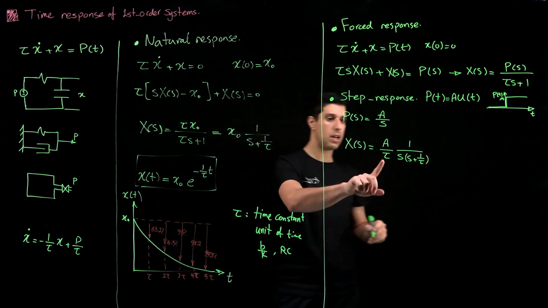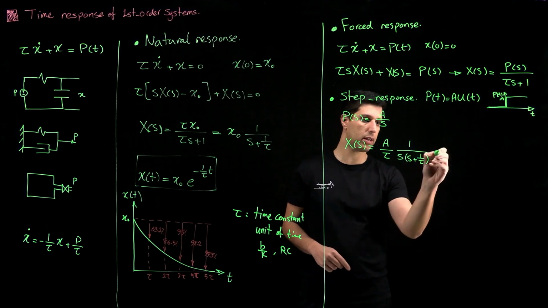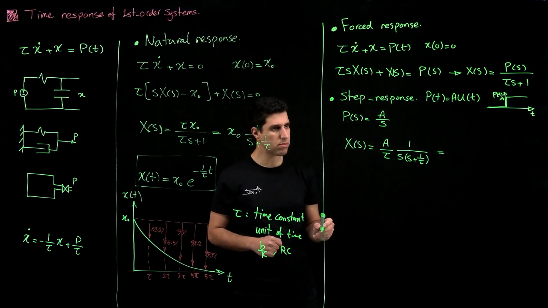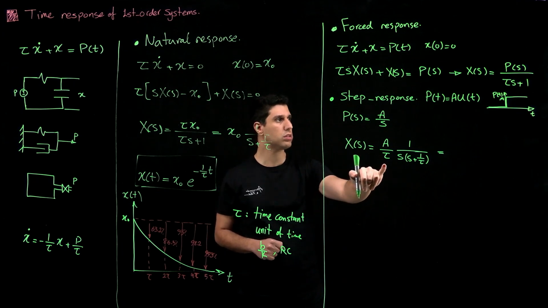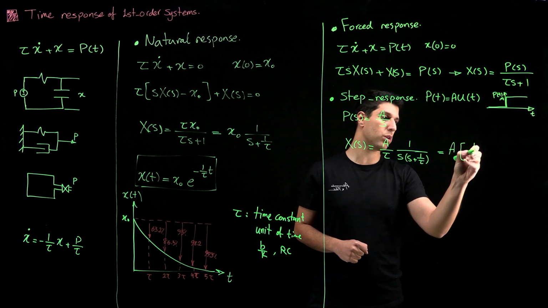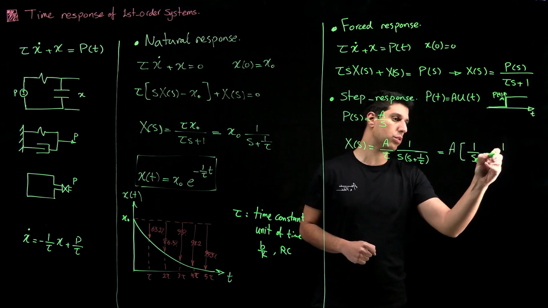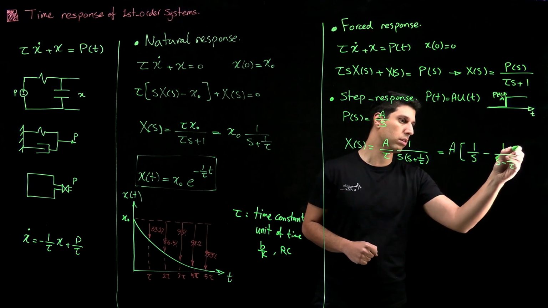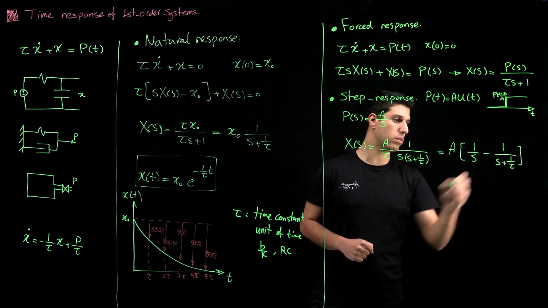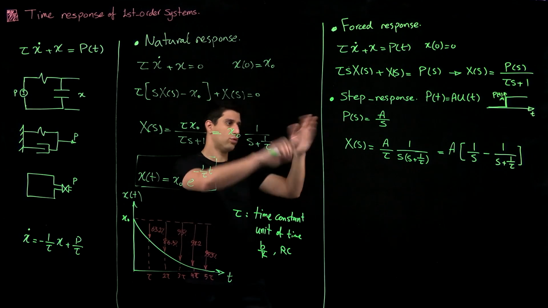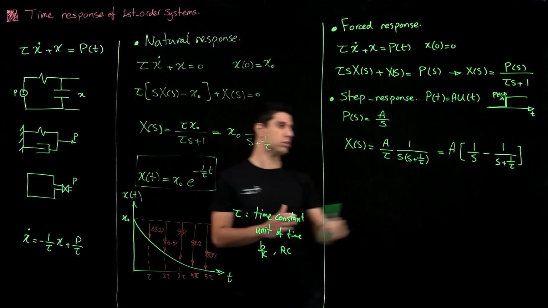And this can be written as, if you do the separation, A times 1 over s minus 1 over s plus 1 over tau. If you do the manipulation, it will work out.